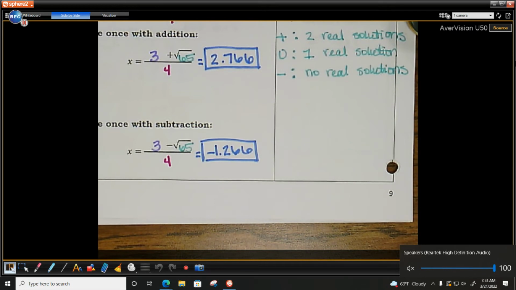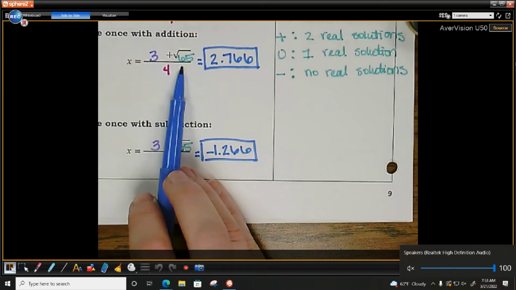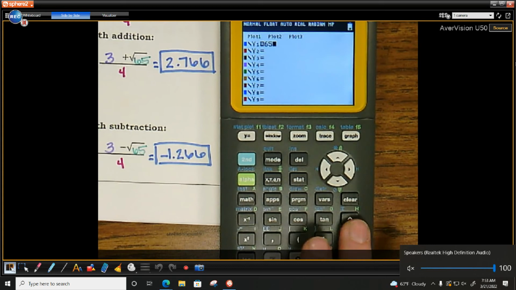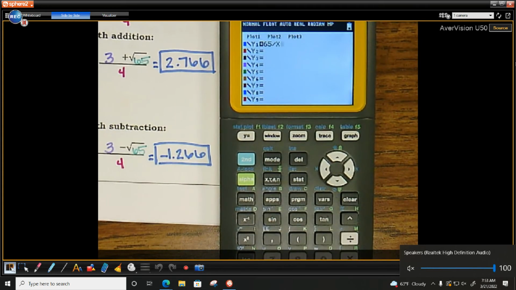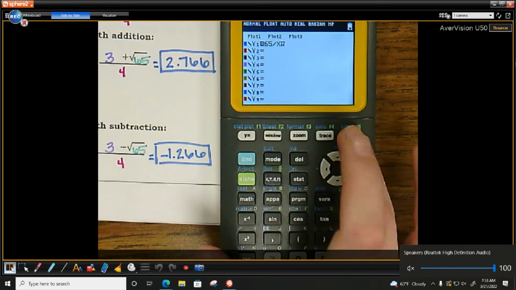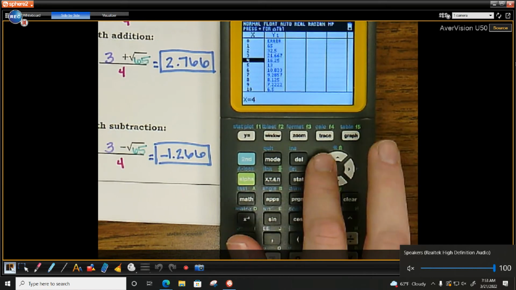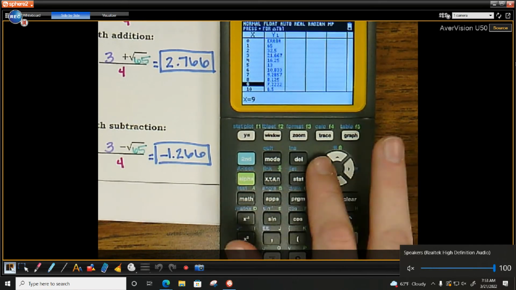Okay? So we need to look at our 65. Is 65 divisible by any perfect squares? Well, if we don't know, remember you can do this on your calculator. 65 divided by x. And we're going to go to our table. Is it divisible by 4? No. 9? No. 16?